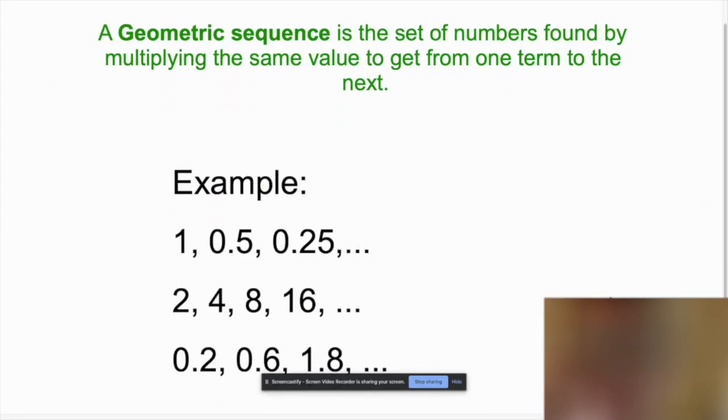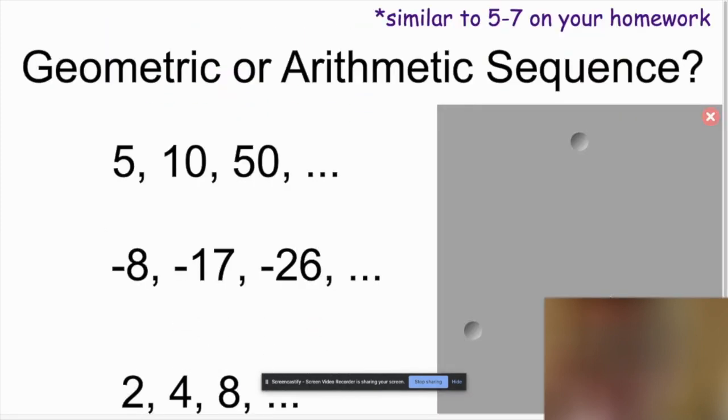All right, so we've already talked about that. Same thing from yesterday. We're going to talk about if something is geometric or arithmetic. Take a few seconds to look at those.